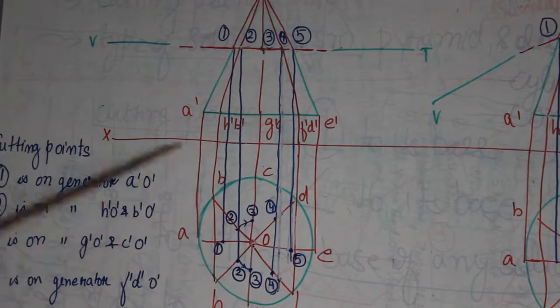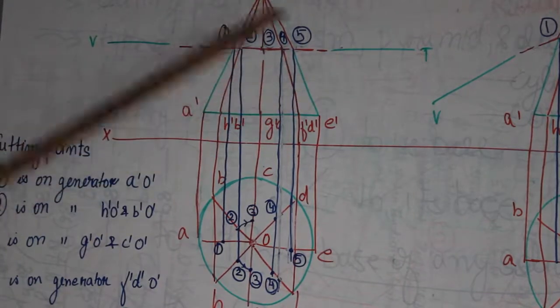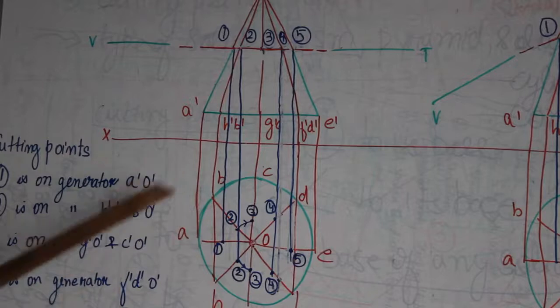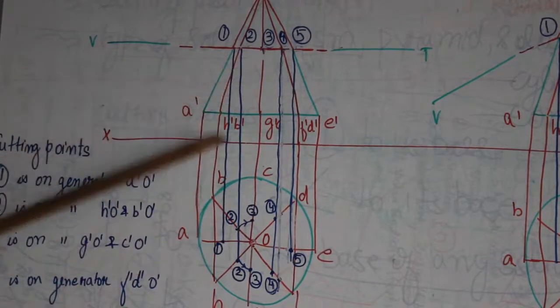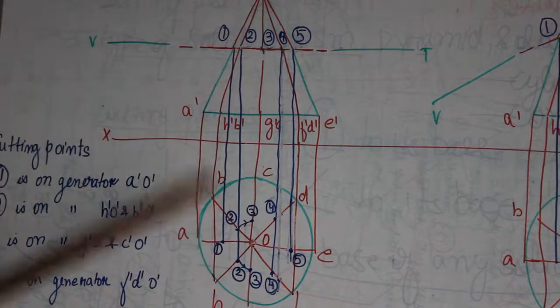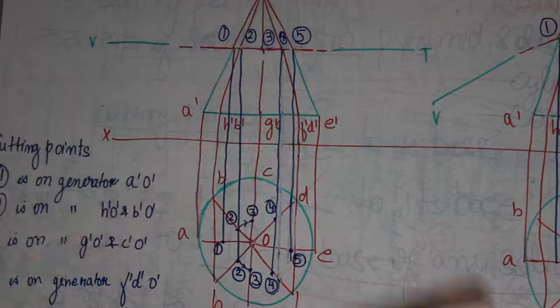Note here that all the lines you see in green are the dark lines, and all the lines you see in red and blue are the light lines. Just remember that convention is very important in engineering drawing.